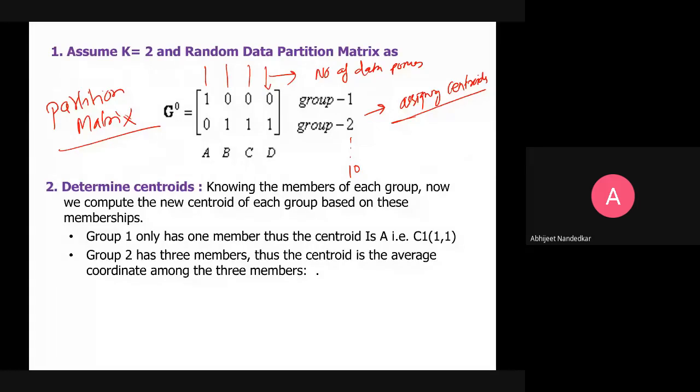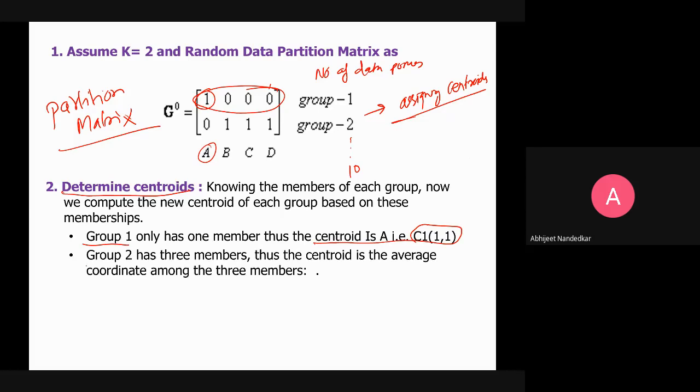Now determine the centroids. Knowing this table, you can find the centroid. Group 1 has only one sample, sample A, so the centroid will be the same sample. So C1, the centroid for group 1, is (1,1).